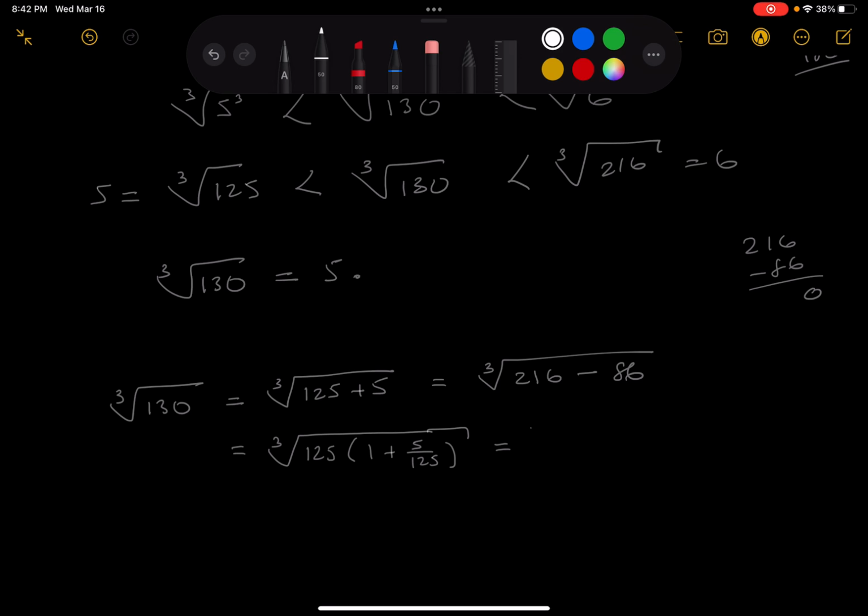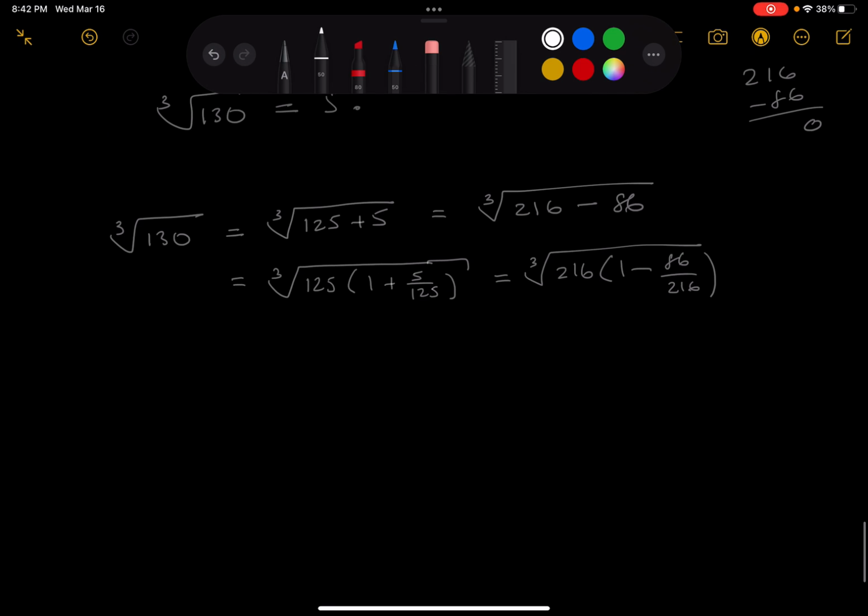It could also be written as a cube root. I'm going to factor out 216. That would be 1 minus 86 over 216. And both are good. They really are. They're both good. So let's write this over here. Cube root of 125 is 5. Cube root of 1 plus 5 over 125, you want to simplify it, it would be 1 over 25, right?